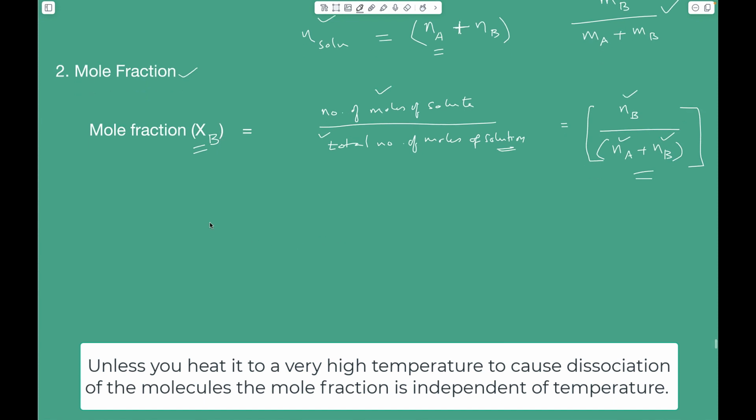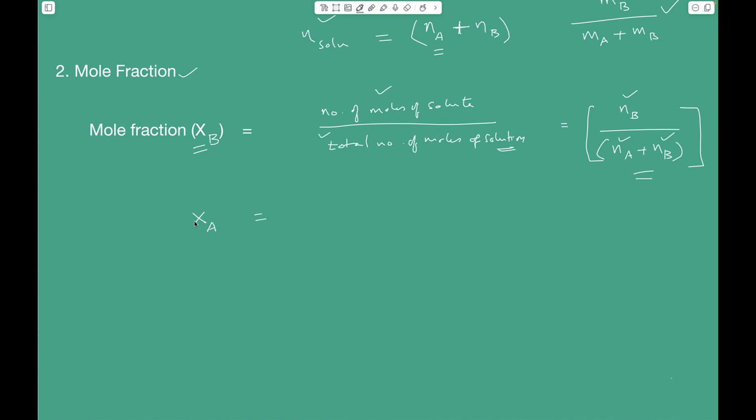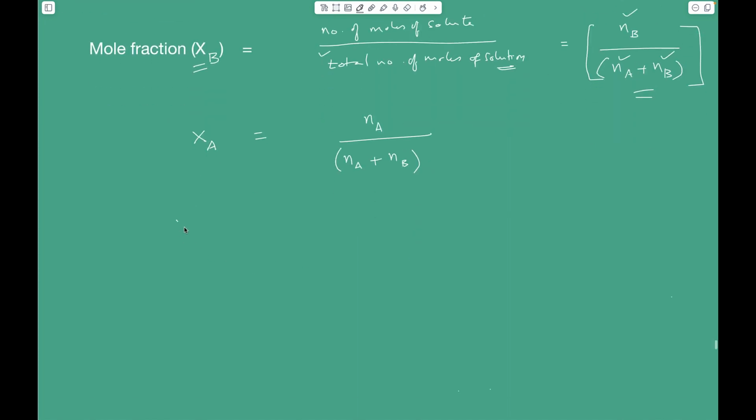Now, can we also define the mole fraction of the solvent? Of course we can. Let us denote it with XA. It will be simply equal to the number of moles of solvent over the total number of moles in the solution. That is again Na plus Nb. Now, if you add the mole fractions of the solvent and the solute, what do you get?